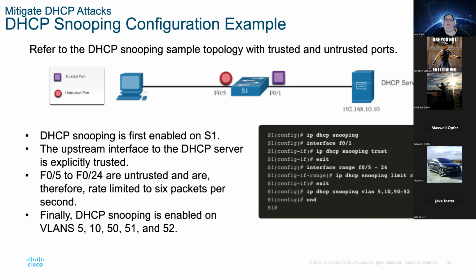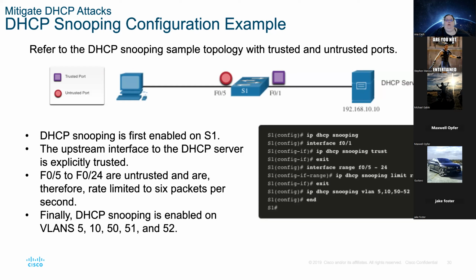Okay, so refer to the DHCP snooping sample topology with the trusted and untrusted ports. DHCP snooping is first enabled on S1. The upstream interface to the DHCP server is explicitly trusted.